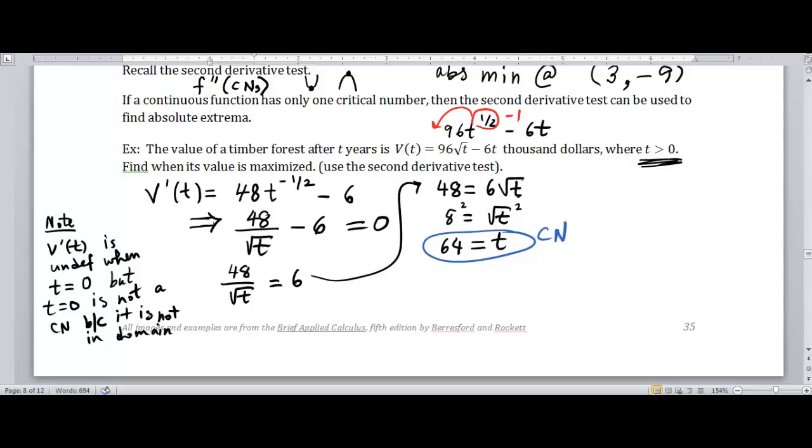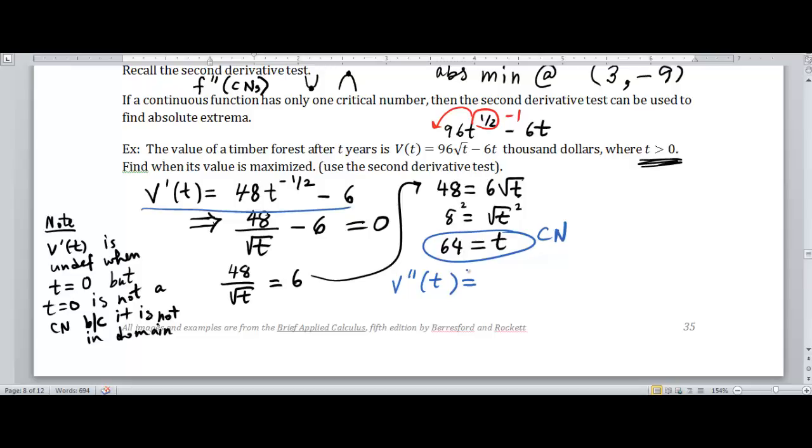Okay. So now it says find when its value is maximized. Okay, use the second derivative test. So what we're going to do is take the second derivative. So here's my first derivative. Let me take the second derivative, v double prime of t.